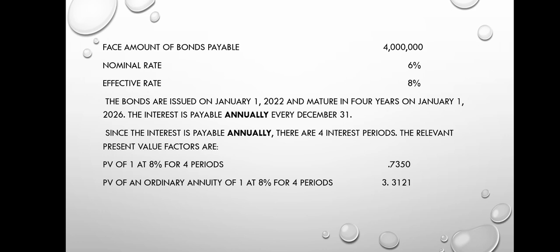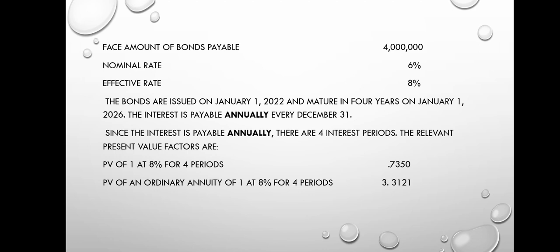This is the example. The face amount of bonds payable is 4 million, the nominal rate is 6%, and the effective rate is 8%. The bonds are issued on January 1, 2022 and mature in 4 years on January 1, 2026. The interest is payable annually every December 31.